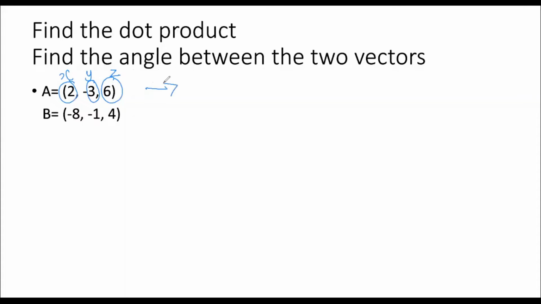And we can still write it as 2i minus 3j plus 6k. And here we have minus 8i minus j, because the coefficient of j here is minus 1, and then plus 4k. So you can write it in either way, as long as you know that they're both the same and you don't confuse yourself.